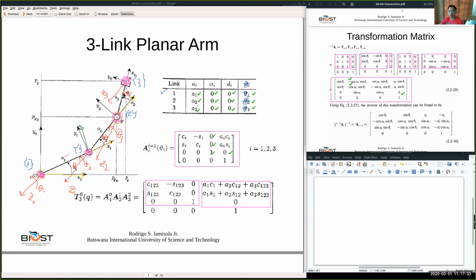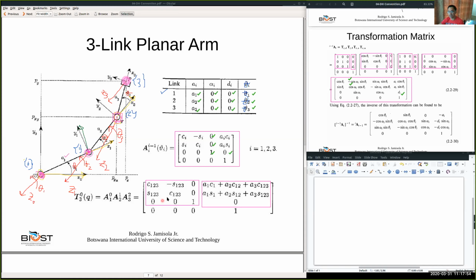All the axes are parallel and all of them are normal to the paper. Because all of them are normal to the paper, they have to be parallel. And so everything rotates about the z-axis. This is normal to the paper, and so this is 1 and the rest of them are 0.